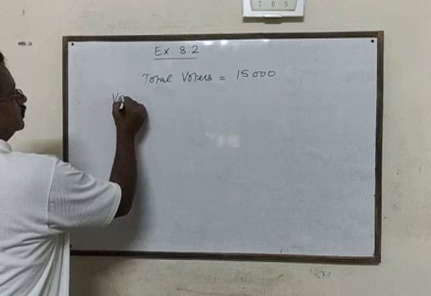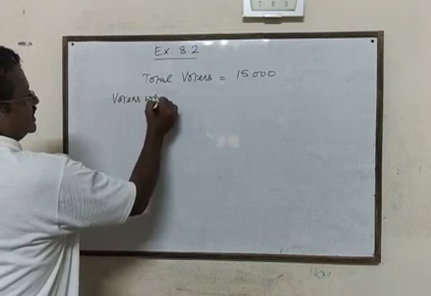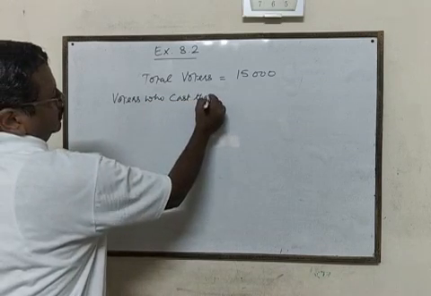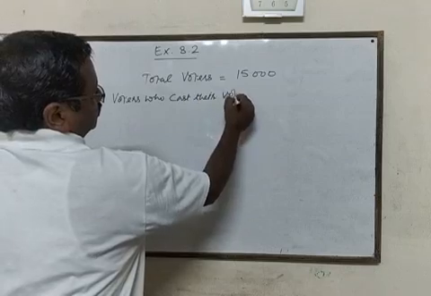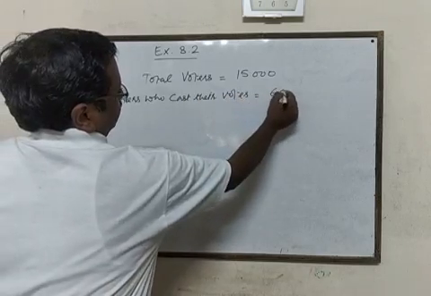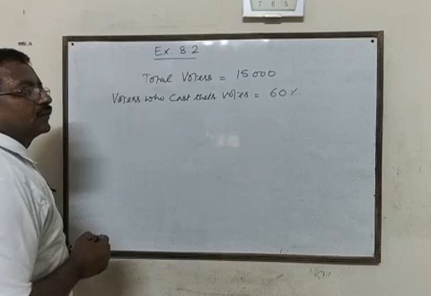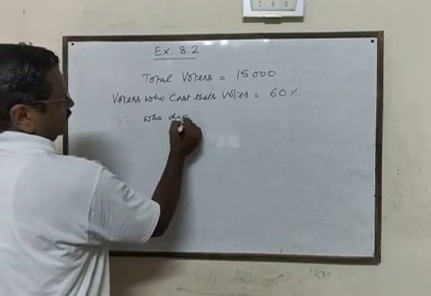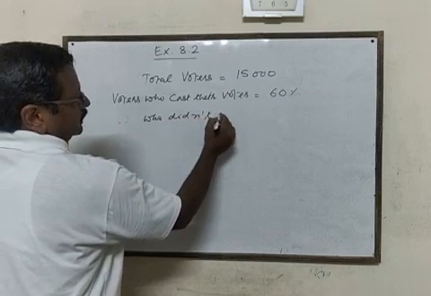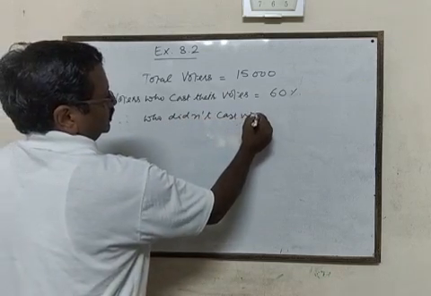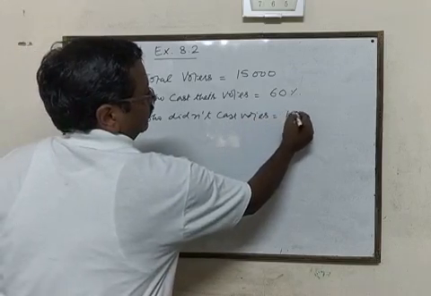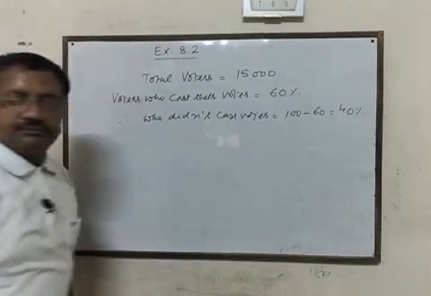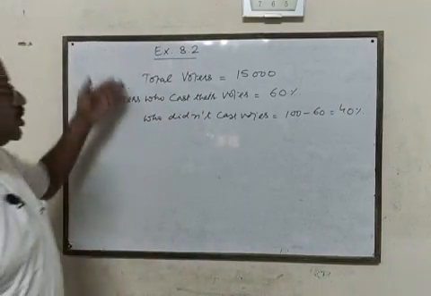Voters who cast their votes 60%. Therefore, who did not cast votes 100 minus 60, 40%.